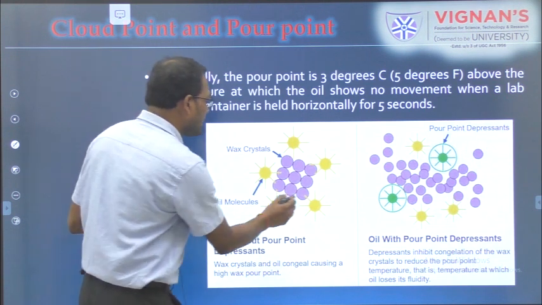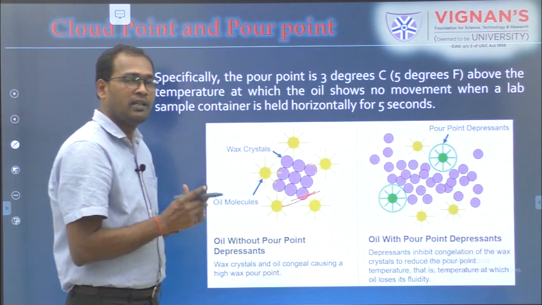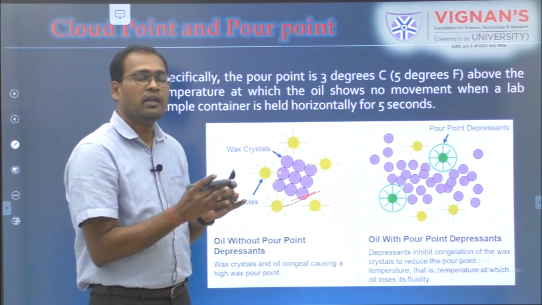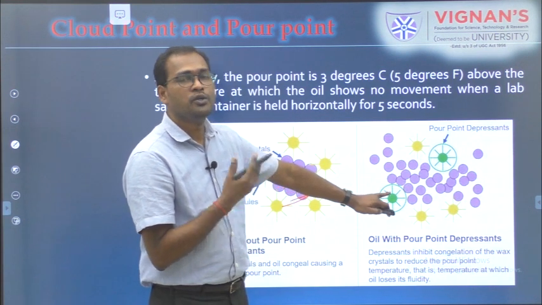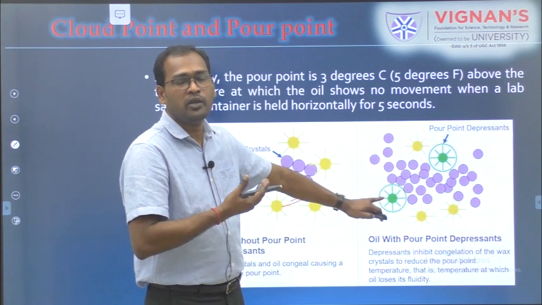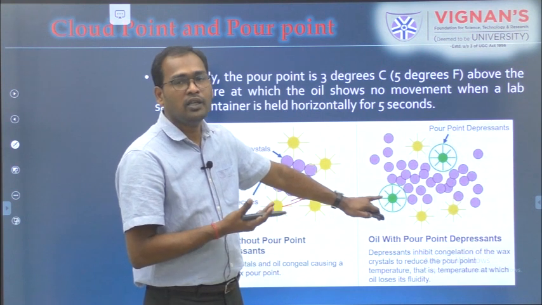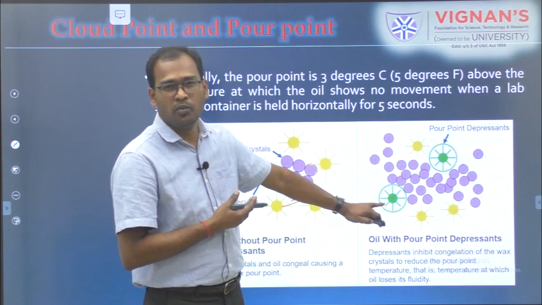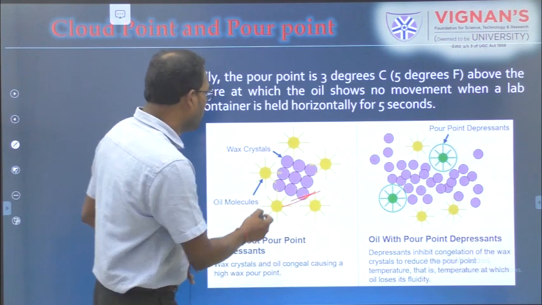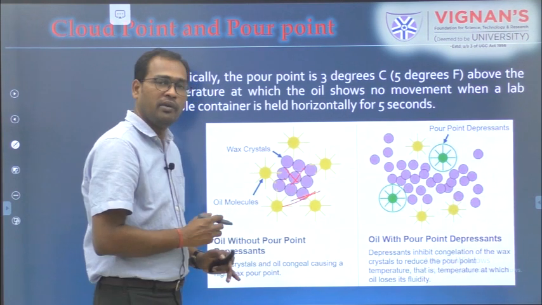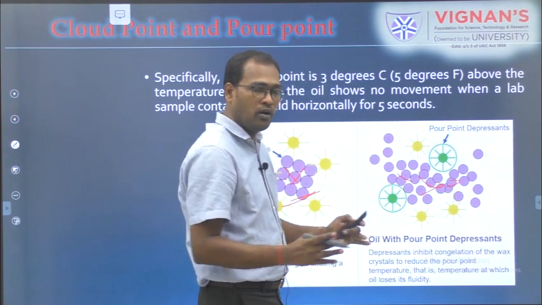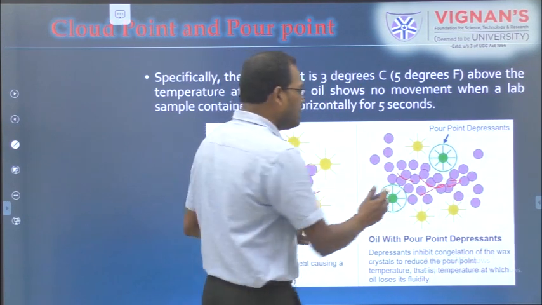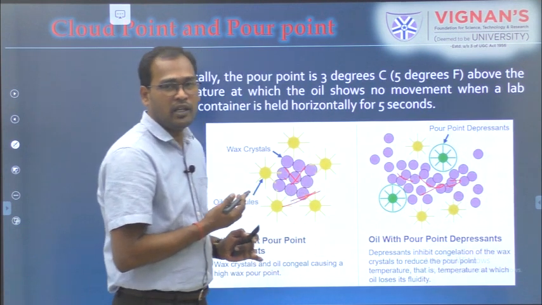So this wax is very, very important. It determines the cloud point and pour point of an oil. Usually when these oils are to be used at very low temperatures, additives are added to the lubricants, and these additives break the wax agglomeration, and once the wax gets broken up, the oil can flow very easily.